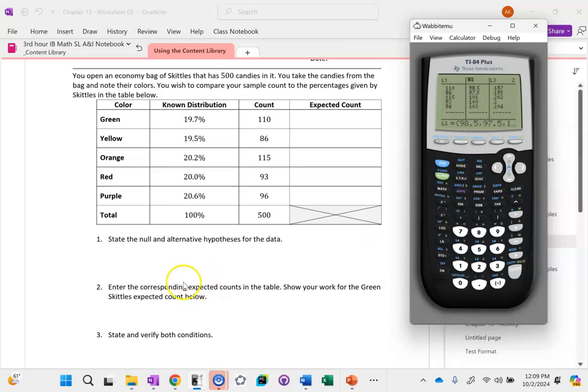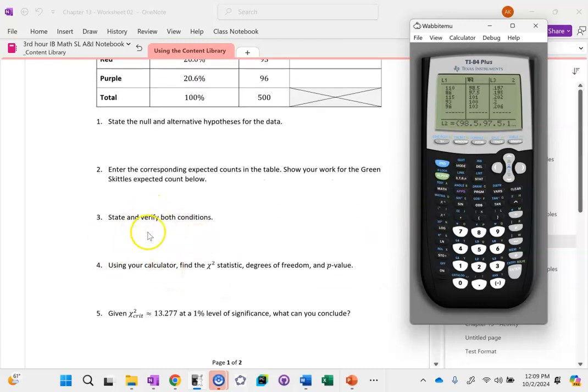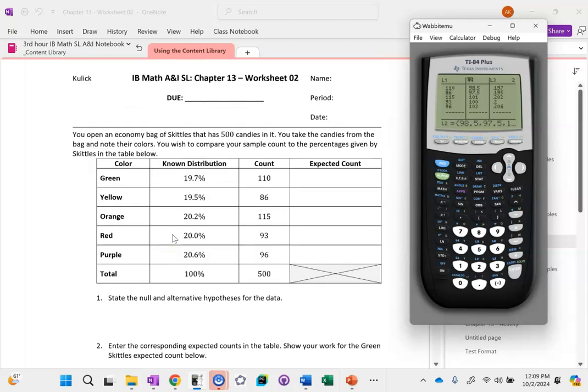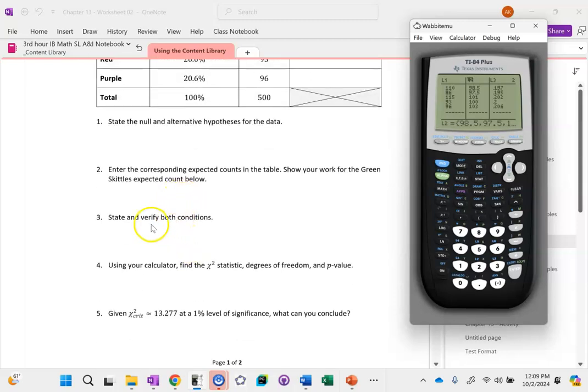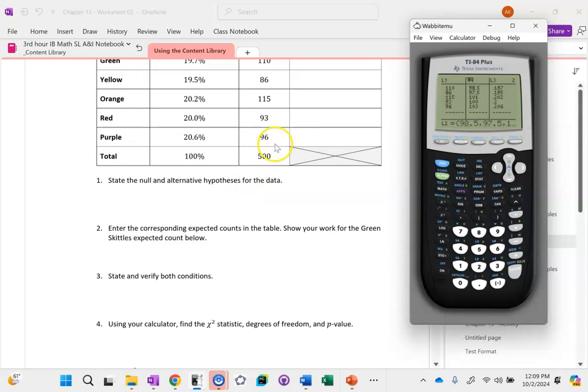Yeah. Great. All right, state and verify both conditions. So the randomness condition, I need to show that 500 is less than 10% of the total population of Skittles. 500 is 10% of what number? 5,000?